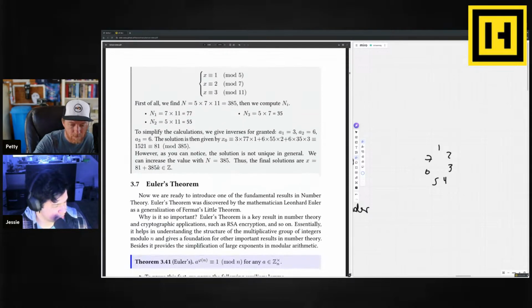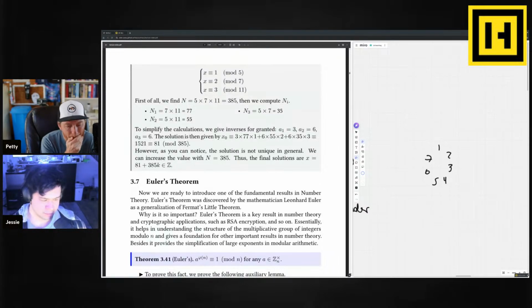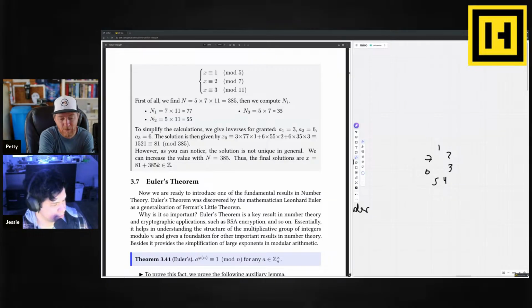Okay, so first of all, we define capital N as 5 times 7 times 11, which is equal to 385, and we compute N sub i. Capital N sub 1 is equal to 7 times 11.